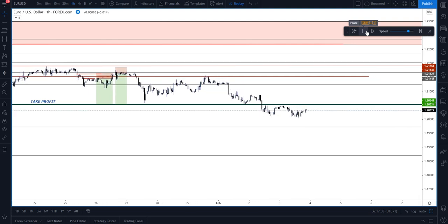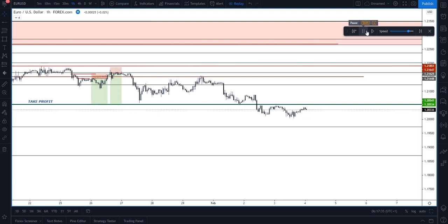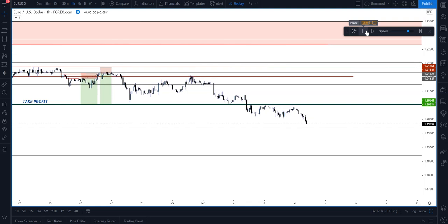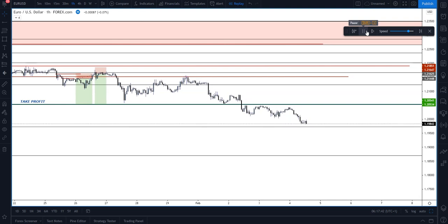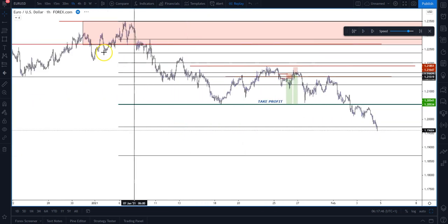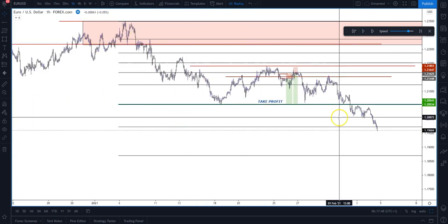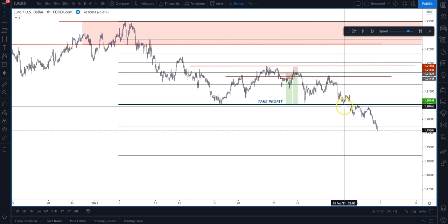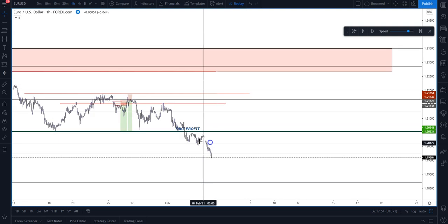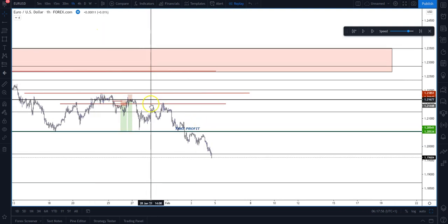Come on, buddy. There we go. Negative 27 hit. So even if we would have got out at 0 and got back in, would have got another 78 pips. Easy money.